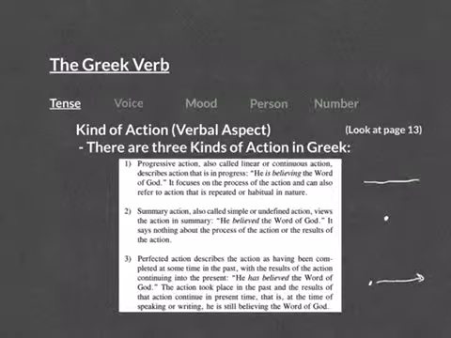So there's results that are coming up even to the present. Like it says here, the action took place in the past and the results of that action continue in the present. That is, at the time of speaking or writing, he is still believing the word of God. Any questions on those 3? Because these 3 are different, are unique to an English-speaking person. Got it? Okay.